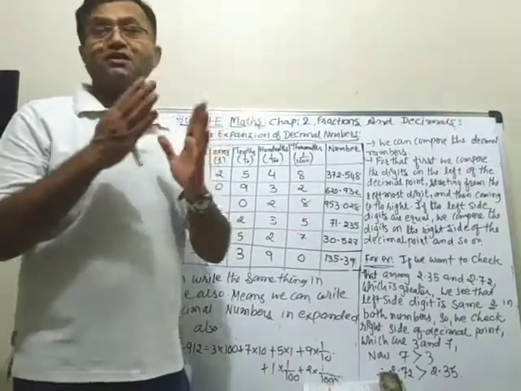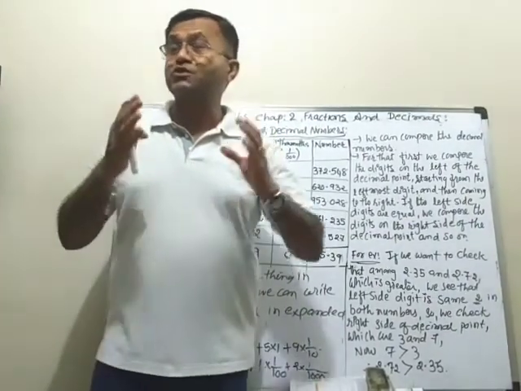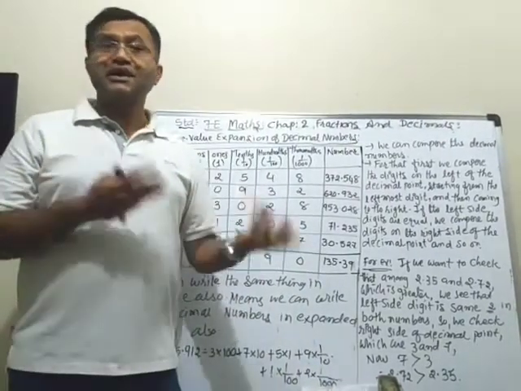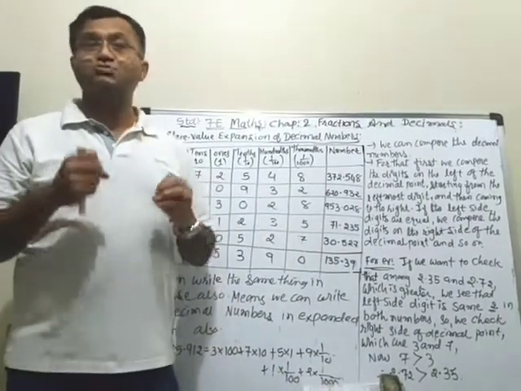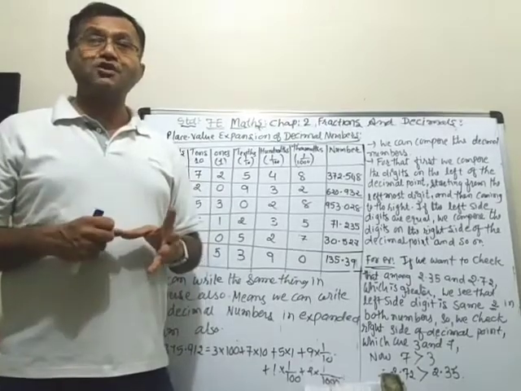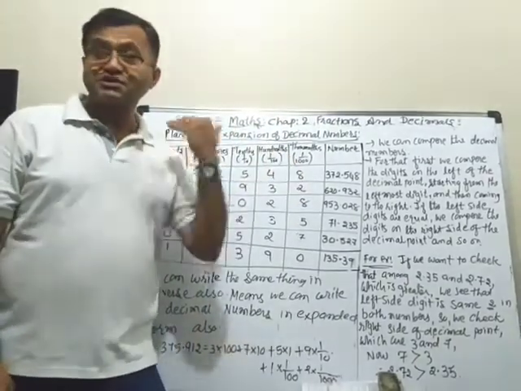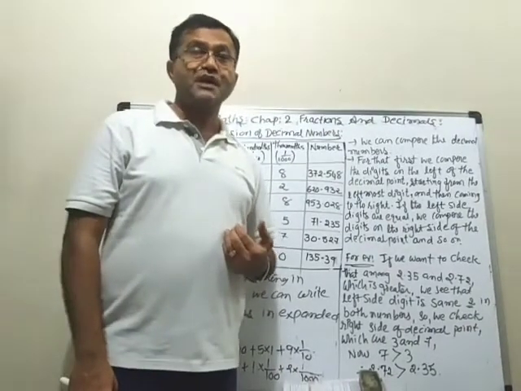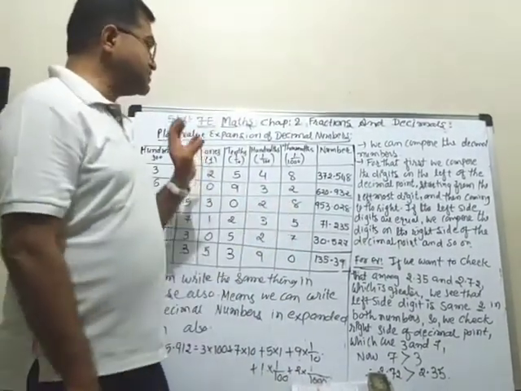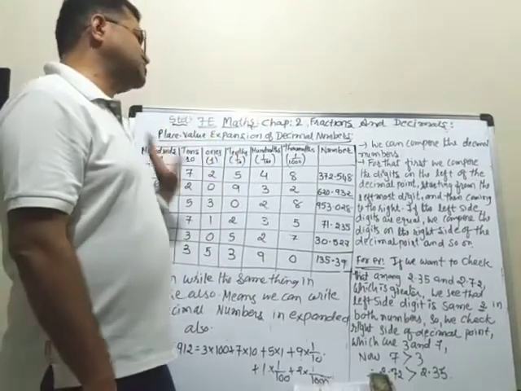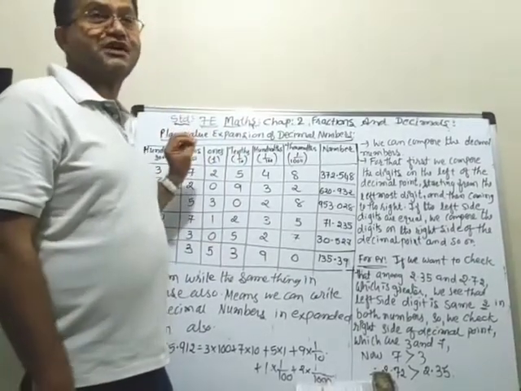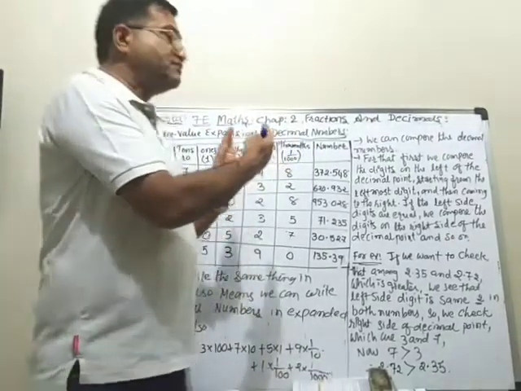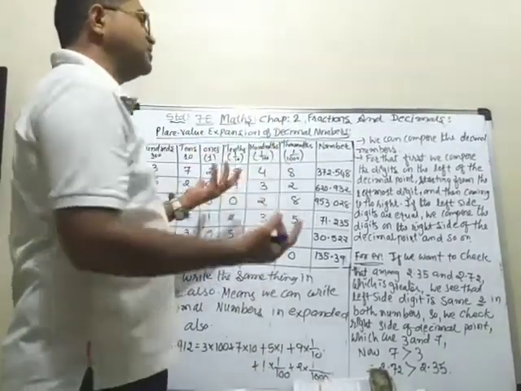Means if two given numbers are there and we have to check which number is greater and which number is smaller, then what can we do? First of all, we have to check the digits on the left side of the decimal point, and check how many digits are there. If there are 3 digits, 2 digits, then it is very easy.